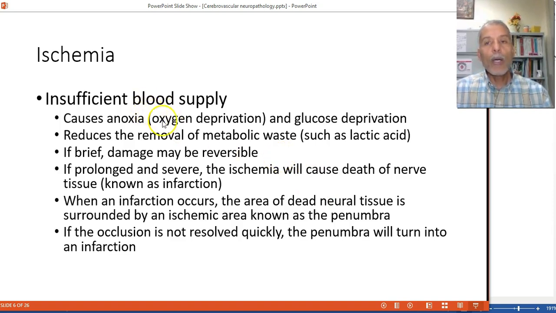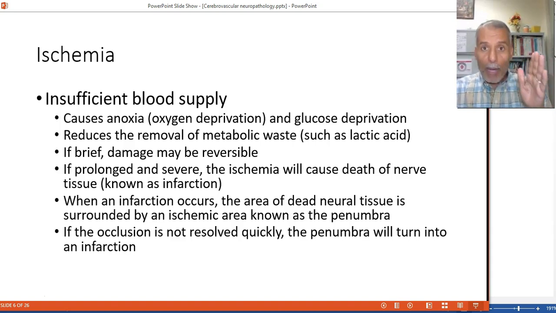So ischemia is insufficient blood supply, and it causes anoxia, or lack of oxygen, and also glucose deprivation. So that is one major side effect: the brain areas hit by that do not get the nutrition they need in order to survive.